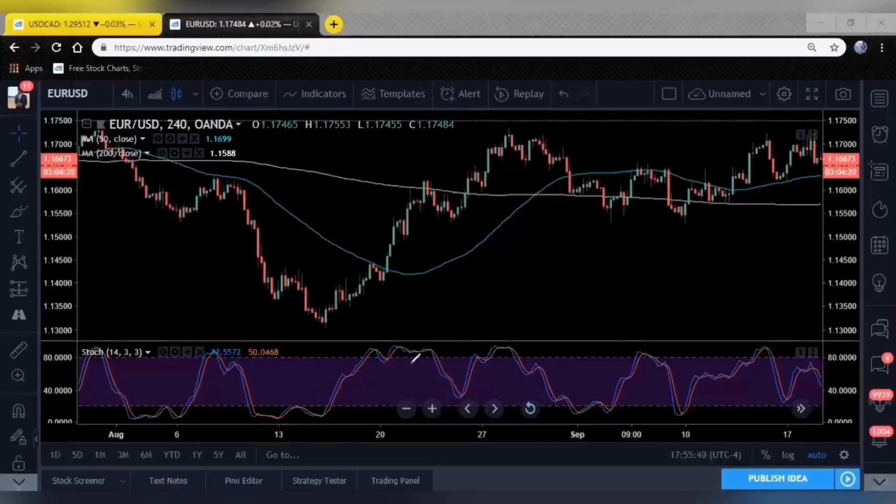Notice here, every time price reaches the highest point on the stochastic, we have a movement on the chart. Since we are in an uptrend, the movement up on the stochastic is much bigger than the movement downwards on the sell after it reached the high, due to the trend being a buy trend.